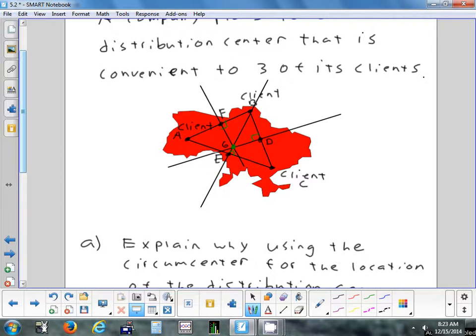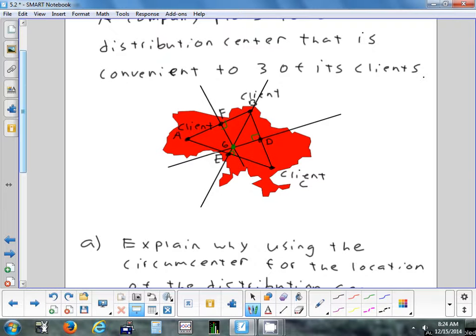Connor, can you just give me one? BF. B to, well, that's on the side. It's from the vertex to the circumcenter. So B, B what? E. No, not B to E. That is congruent to itself.